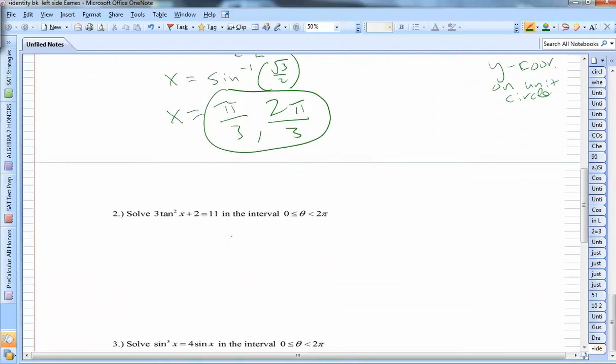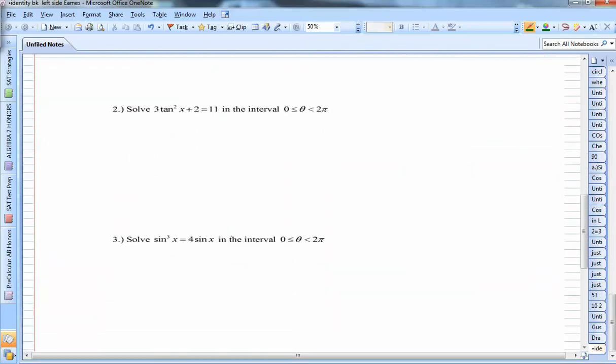Now for number 2, again same thing, we want to isolate x. So we'll subtract the 2, and of course divide by 3. Now, you're going to want to square root both sides, because right now we have tan squared x.